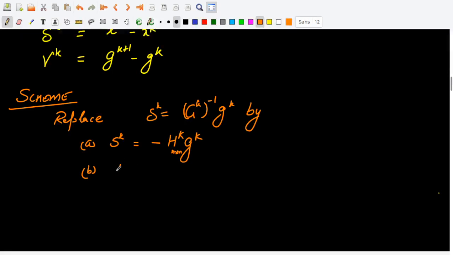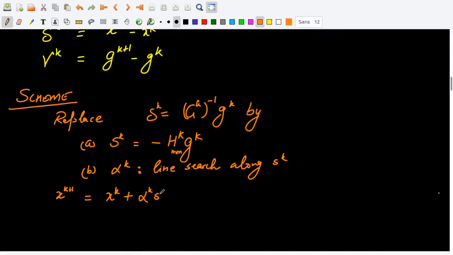Then do a line search. So alpha k comes from the line search along sk. The other change is that instead of moving by delta, now we don't have delta in these methods, we have xk plus 1 is equal to xk plus alpha k sk.